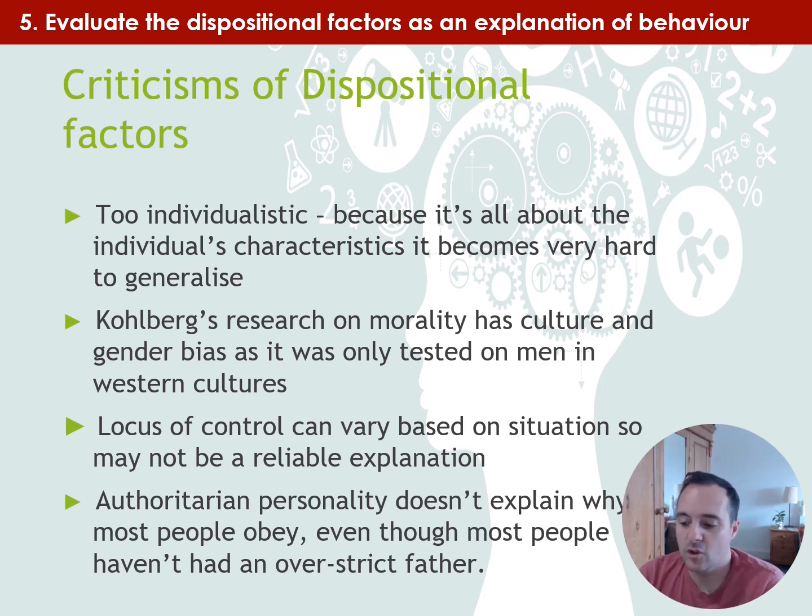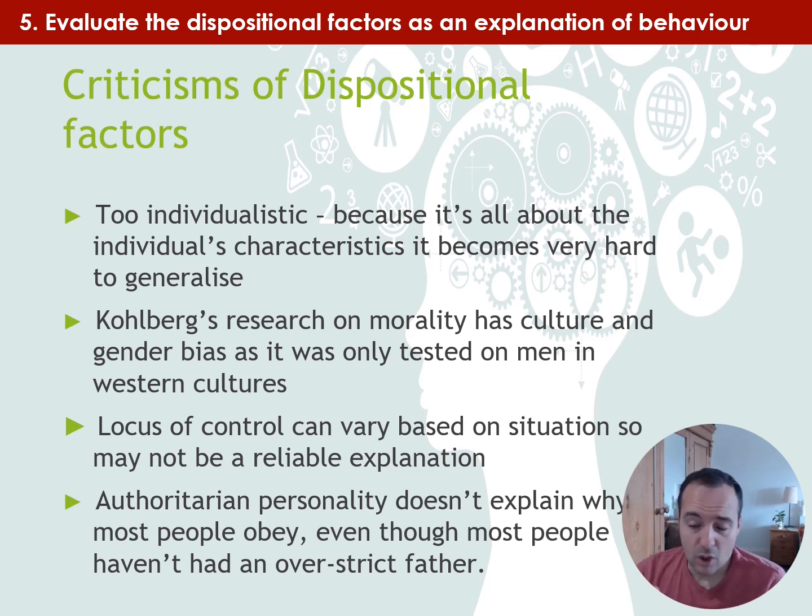And then you've got some specific criticisms of the individual theories themselves. So, for example, Kohlberg, all the participants in his longitudinal study were men. So you could definitely argue that there's a gender bias there, because we don't know if women follow the same stages of moral development. I mean, we do now because others have done it, but we didn't if we only look at Kohlberg.